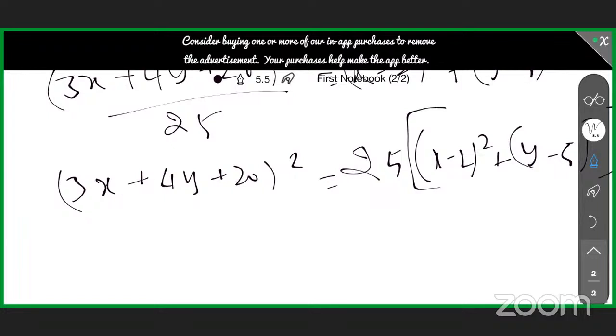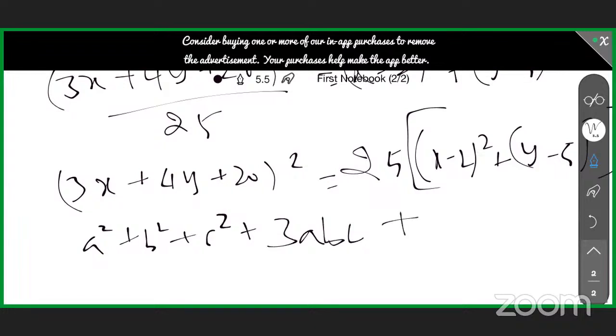A square plus b square plus c square plus 2 into... Sir, I think your formula is wrong.